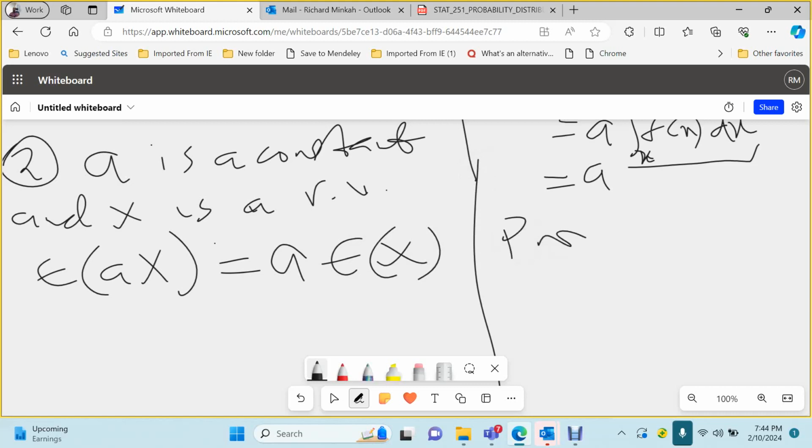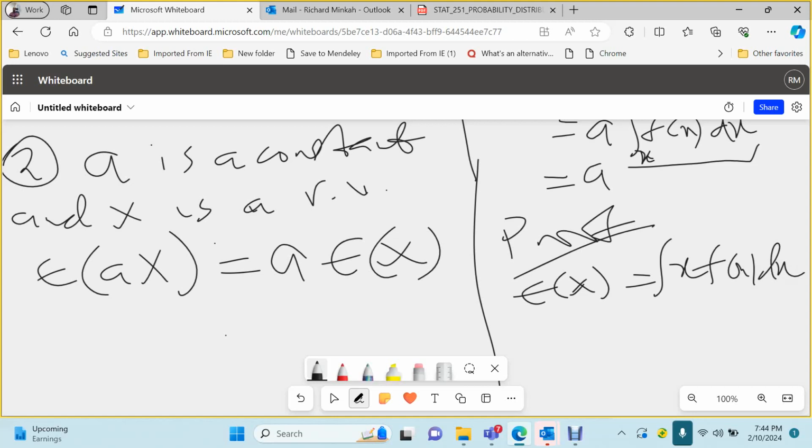So, proof. Now, by definition, the expected value of X is equal to the integral of x f(x) dx, right?